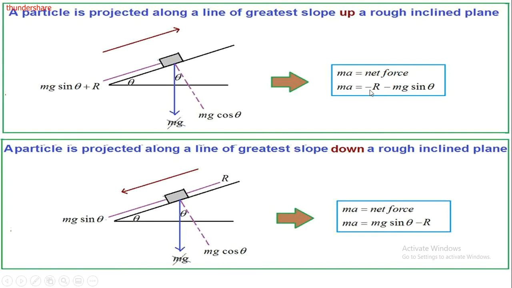So ma equals negative r negative mg sine theta. After resolving the weight, you have here mg cosine theta, and here is mg sine theta plus r. How about if it is projected downward, or even released to slide downward? So ma equals, of course, the motion is in the direction of the weight, mg sine theta minus r.